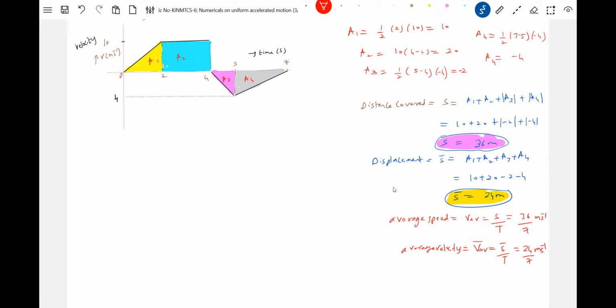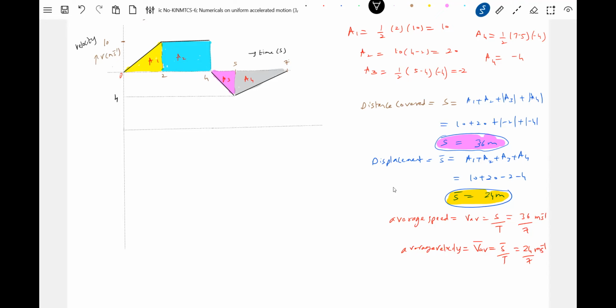Okay, let's plot the position versus time graph so that you'll understand a little bit how that motion actually takes place. We should get a better picture, no? So first it will move 10 meter, then it will move 20 meter. Then I'll extend this line further.